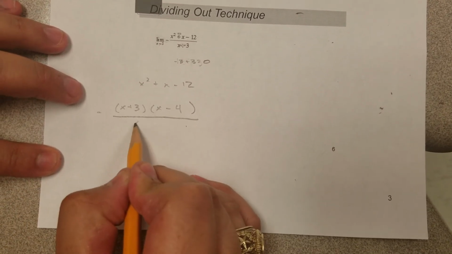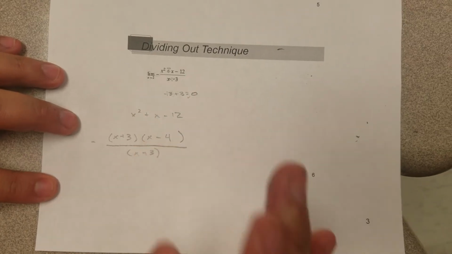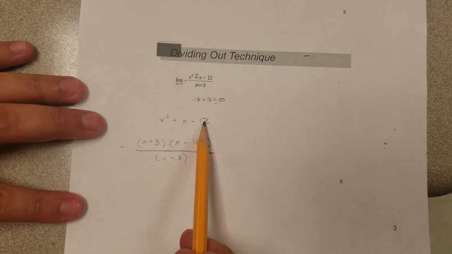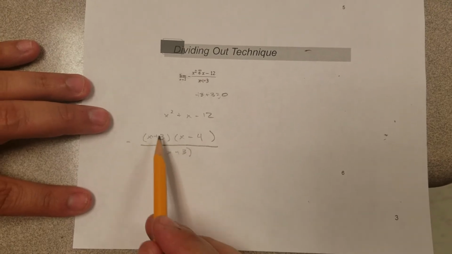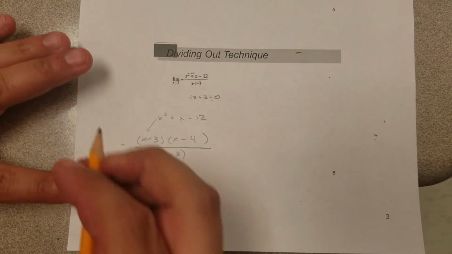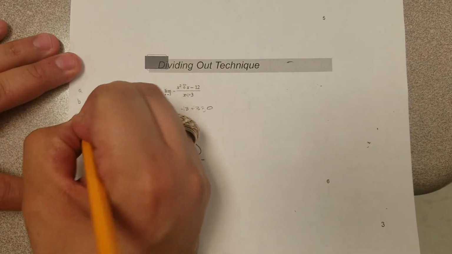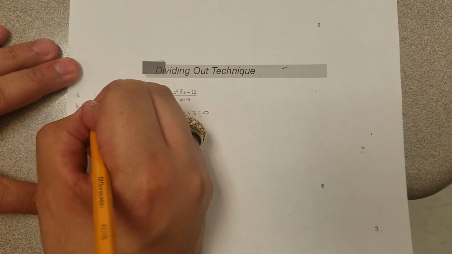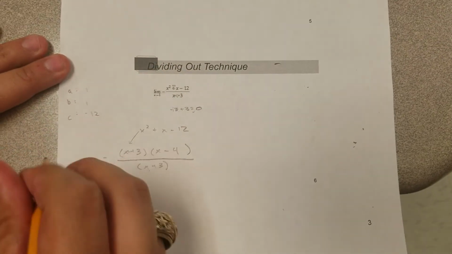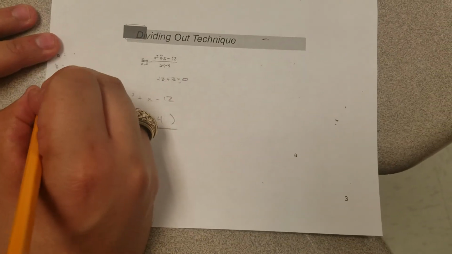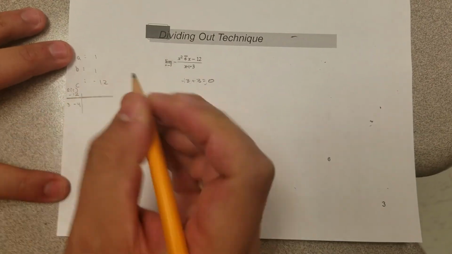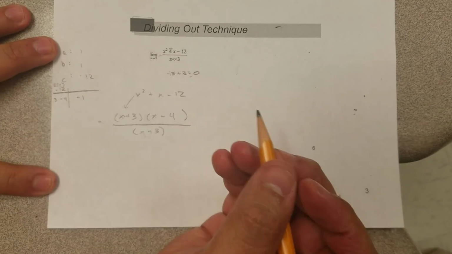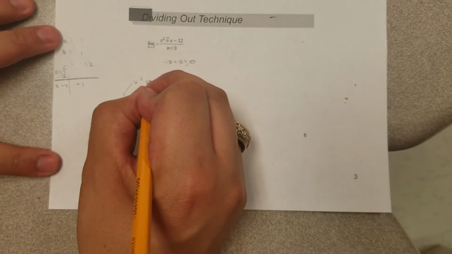What I've done here now is I have x plus 3 on the top and the bottom. Again, I found this by doing a, b, and c. I can do it over here on the side. I'm sorry, I did change this to a minus, right? Okay.